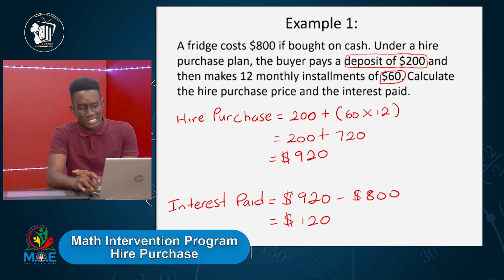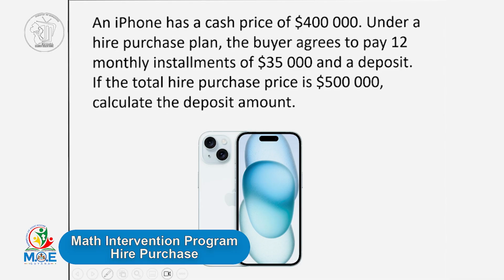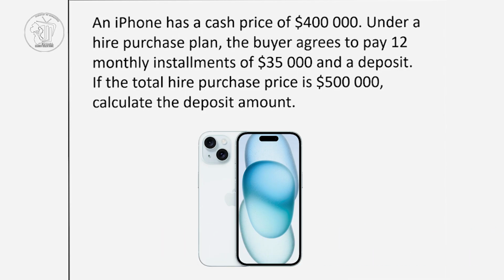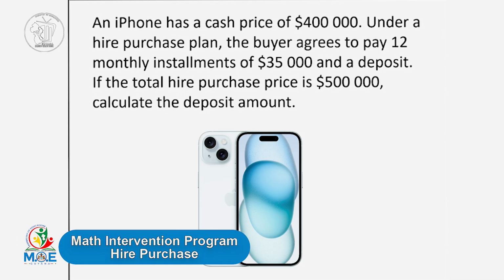So let's look at another example. This example says, an iPhone has a cash price of $400,000. Under a hire purchase plan, the buyer agrees to pay 12 monthly installments of $35,000.